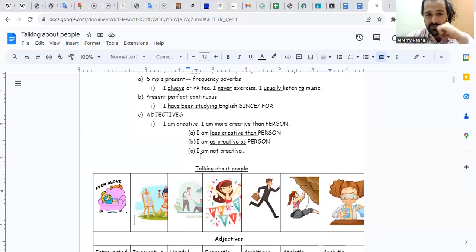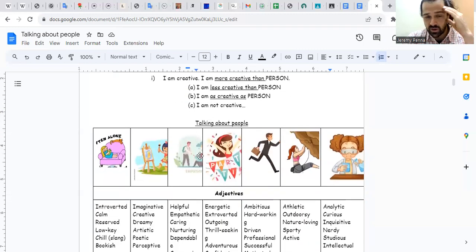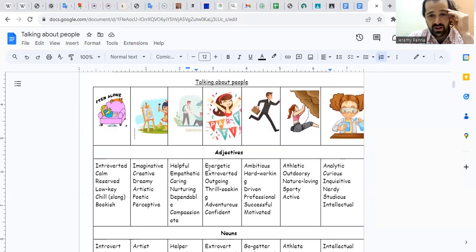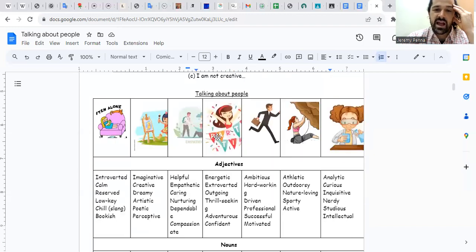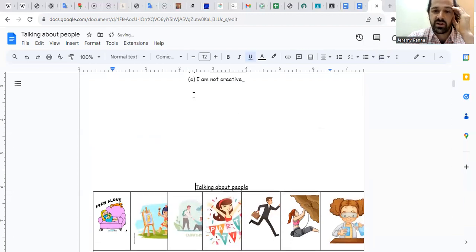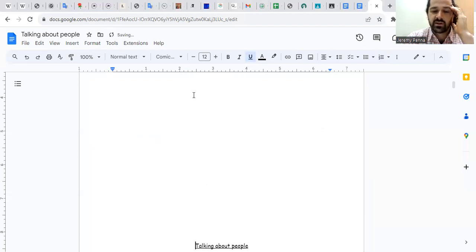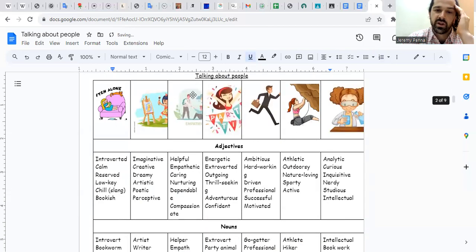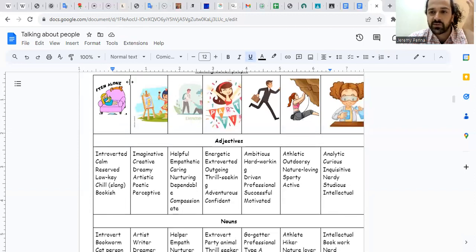So we have here in this paper a list of adjectives that describe people and a list of nouns that describe those same people. Let's go down. Okay, there we go. So look at this happy girl with her happy cat. What adjectives describe her?